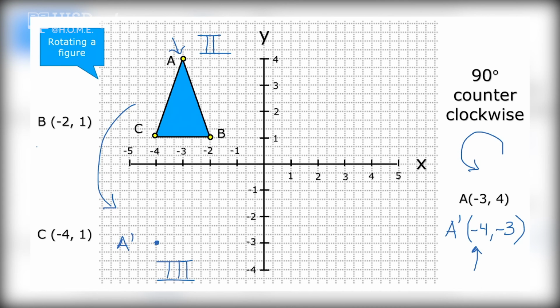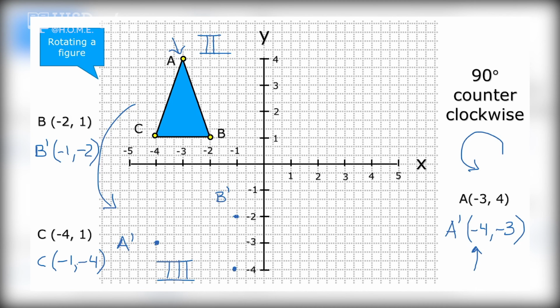So I'm gonna do the same for B. B's coordinate is negative 2 and 1, so that means that the new image is going to be negative 1, and the negative 2 we keep it. So now it's going to be negative 1 and negative 2. So my new point is going to be in here, and this is the new B. And now we're going to do the last one, which is C. Negative 4 and 1 is going to change to negative 1 and negative 4, and that's going to be right here.